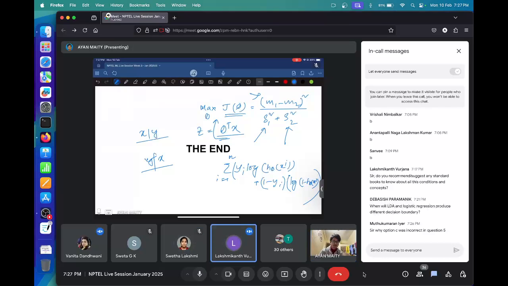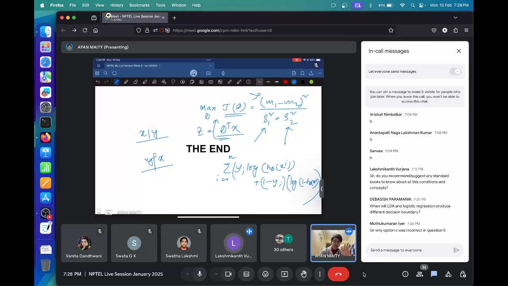Sir, do you recommend any sources to learn all these concepts of LDA and logistic regression? Any standard books or resources? The textbooks recommended for this course are already written on the course homepage. There are two books recommended. In the course homepage, only the transcript was found. Is it written somewhere else actually?